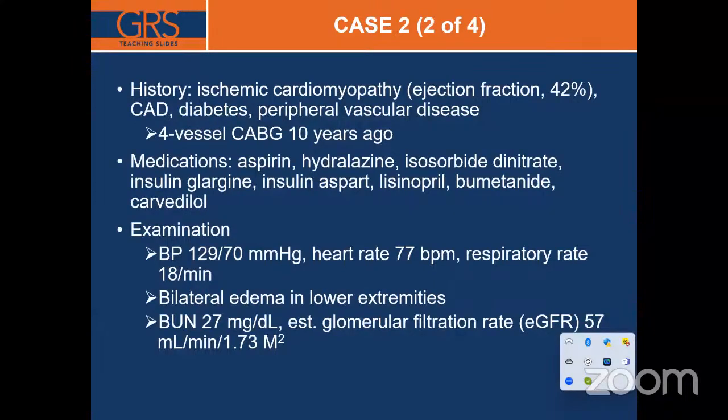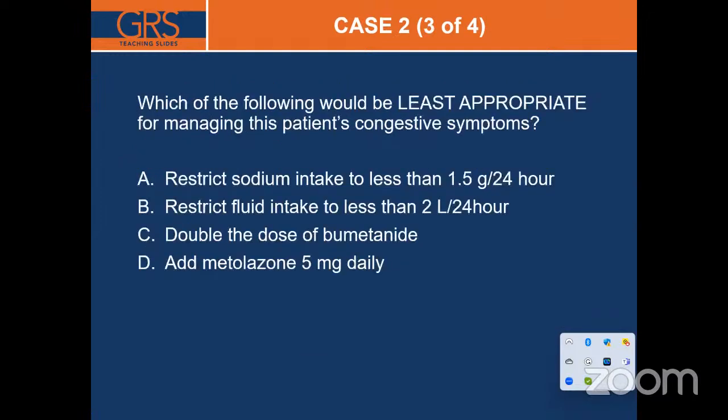On examination, his blood pressure, heart rate and respiratory rate are okay, with bilateral edema, BUN 27, and GFR of 57. The question is which is least appropriate for managing this patient's congestive symptoms. Restrict sodium to 1.5, or restrict fluid to 2 liters per day, or double the dose of bumetanide, or add metolazone. Do we have an answer, Emma?